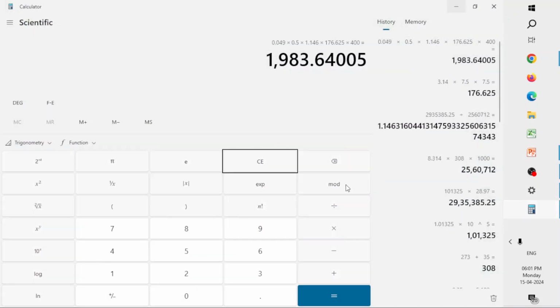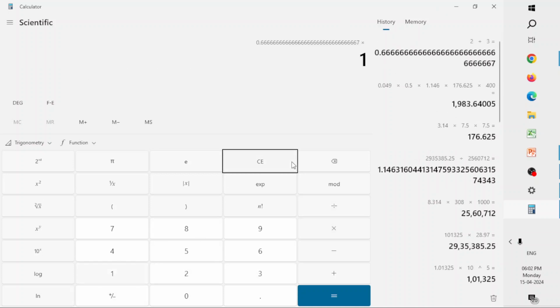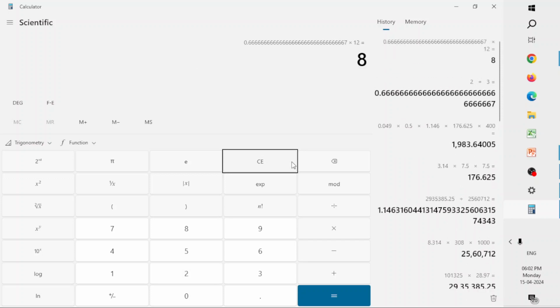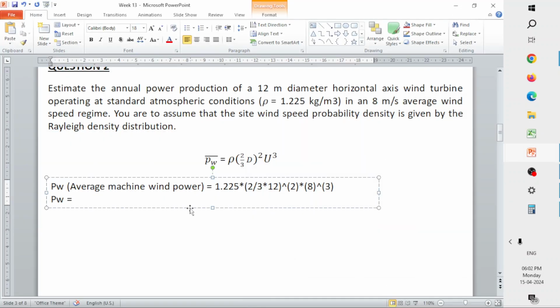Let's calculate. 2 by 3 times 12 is 8. So 8 square, that is 64, times 8 cube. So 8 square times 8 cube will be 8 to the power 5.